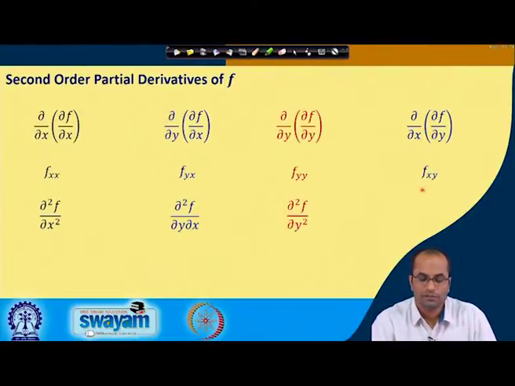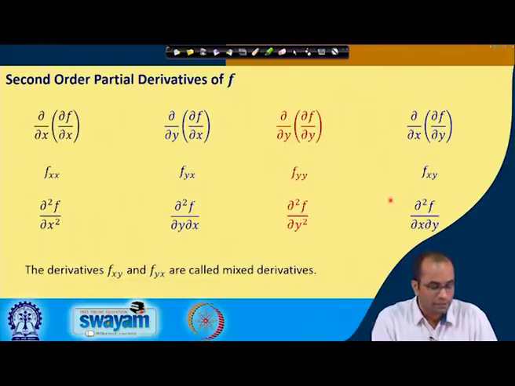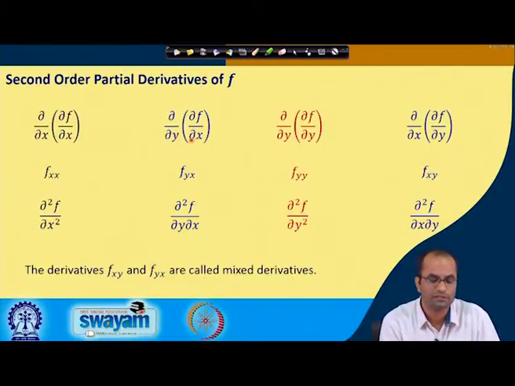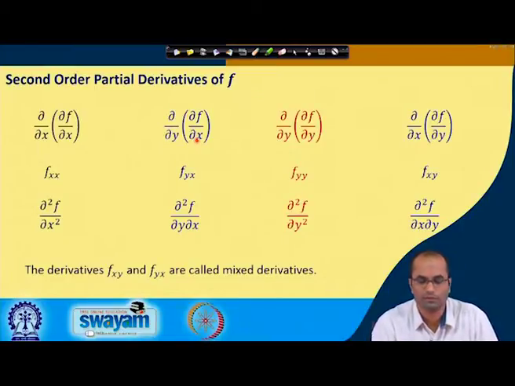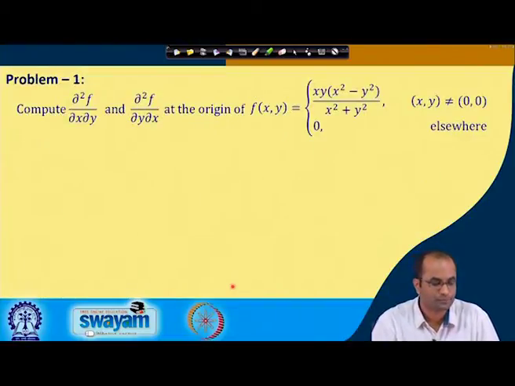This we denote as f x y or del 2 f del x del y. This is just the notation, and these derivatives f x y or f y x are called the mixed derivatives, because we have used both variables, first x and then y, or first y and then x. So, these are called the mixed derivatives.